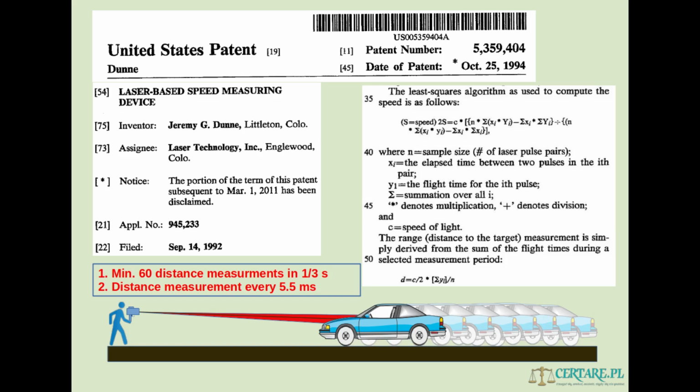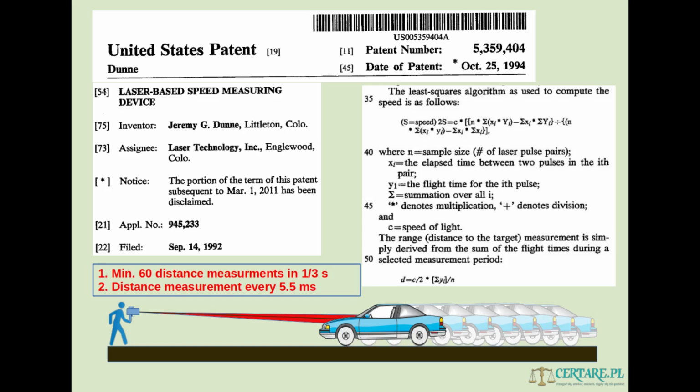The first being the widening of the beam, the second being that there aren't 2 or 3 or 4 distance measurements being made, but a minimum of 60 distance measurements are required by their lidars, performed within 1/3 of a second to produce a single speed measurement.